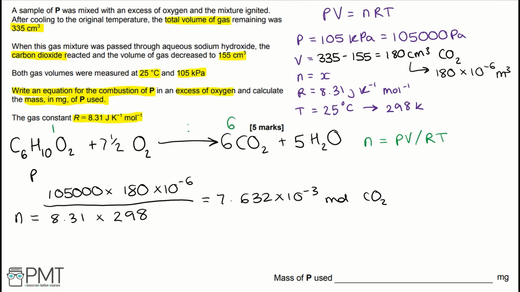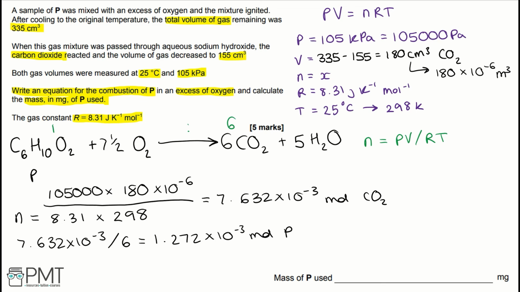So what we can do is 7.632 times 10 to the negative 3 divided by 6, which will give us the moles of P. And that's going to equal 1.272 times 10 to the negative 3 moles of P.